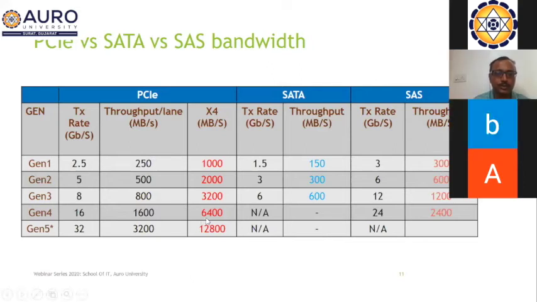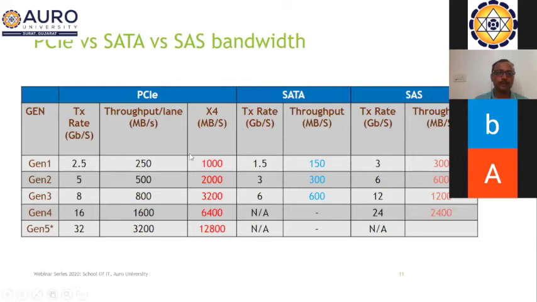Gen 4 is 6.4 gigabytes per second, and Gen 5 they are planning in the next couple of years, which is going to be 12.8 gigabytes per second. So if we go back to the users model, you can see which protocol is going to sustain the performance. Clearly, the PCI transport protocol is going to sustain the performance.